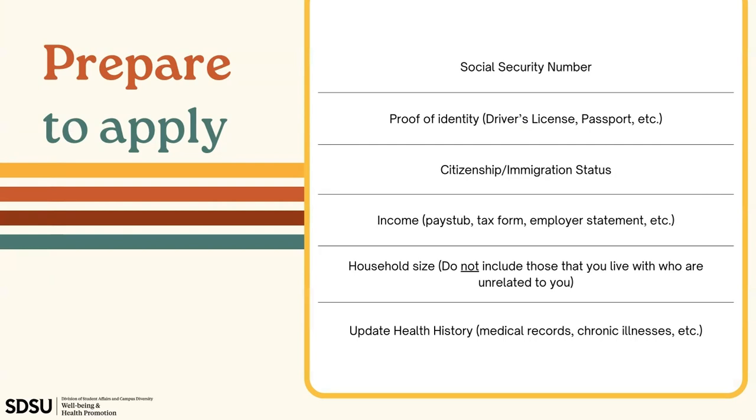The only thing to keep in mind is do not include roommates or those that live with you that are not related to you, since you are not looking to add them to your health insurance plan. Lastly, the application will ask you about your past and current medical history. It is important to be as accurate and honest during this portion of the process, as it can affect what plans are offered to you. You can reference your medical history from your past providers to help you gather your health history.